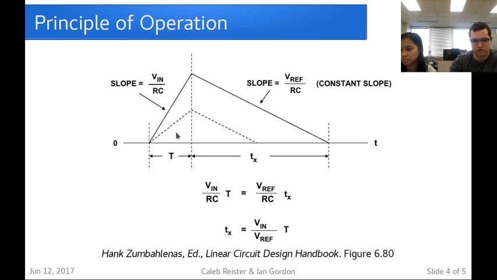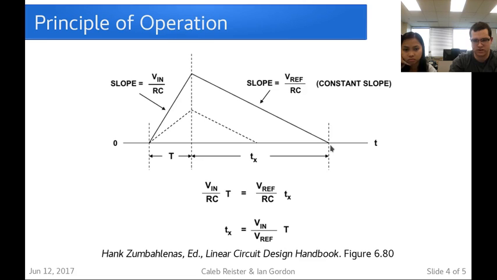So here's a graph of it. Basically, we have the timer running here. At this point, we switch to the reference, that's the opposite polarity, and the integrator discharges its capacitor.